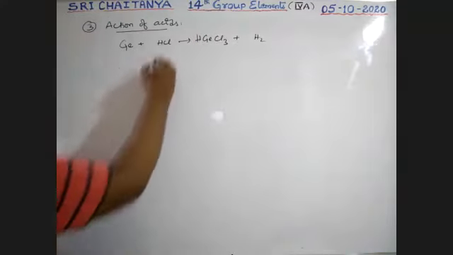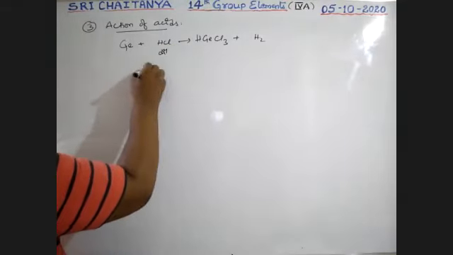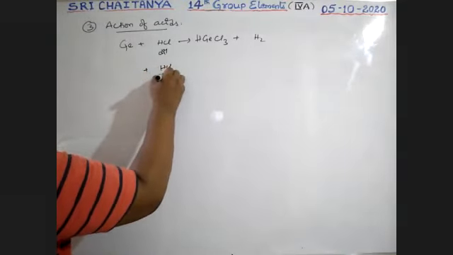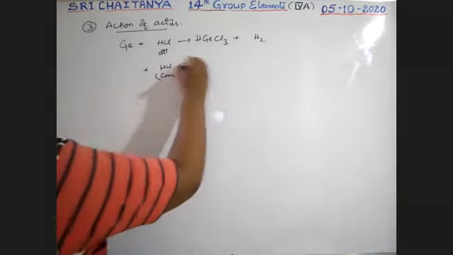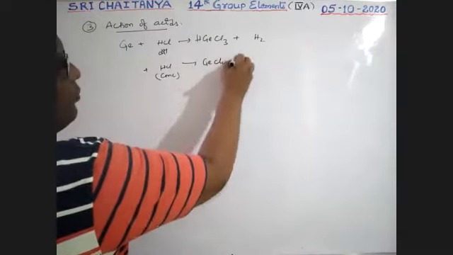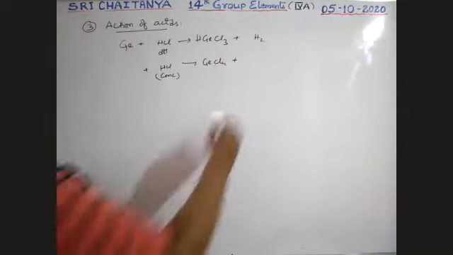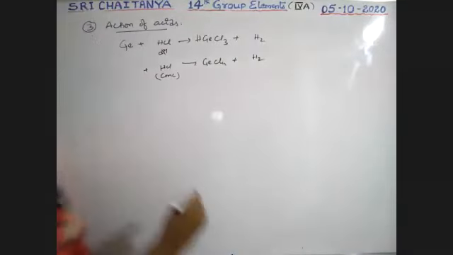When it reacts with concentrated HCl, that gives GeCl4 plus H2.